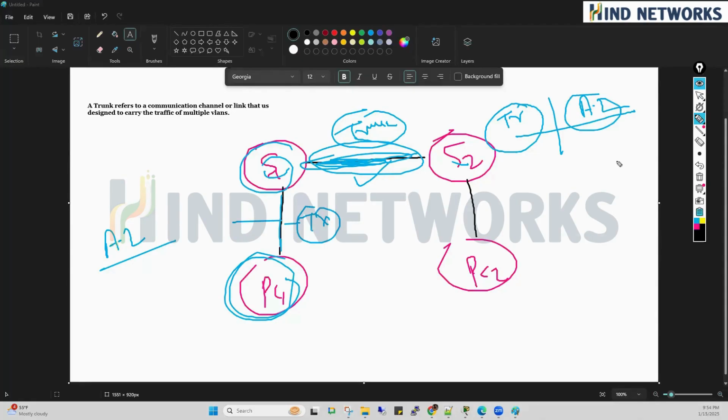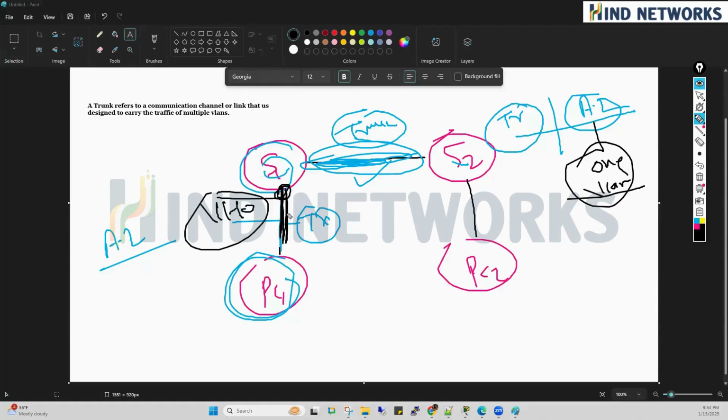An access link carries only one VLAN. For example, if on this port you configure VLAN number 10, then only VLAN 10 data will be exchanged. If you try to send VLAN 20 or something else, it is not possible. But by the trunk link, you can send 10, 20, 30, 40, 50, every VLAN.